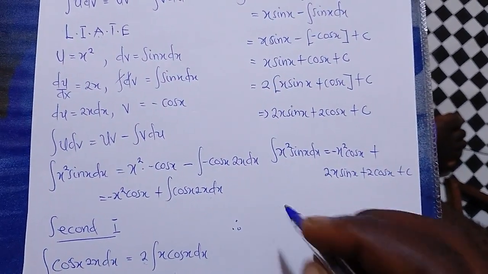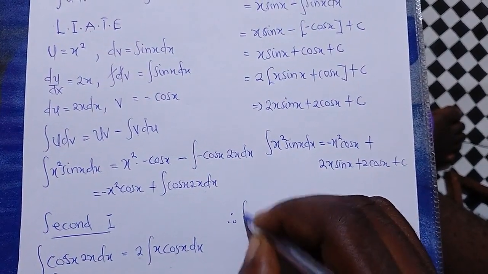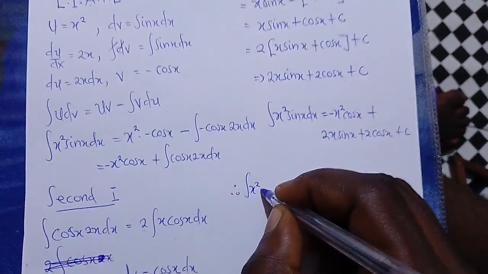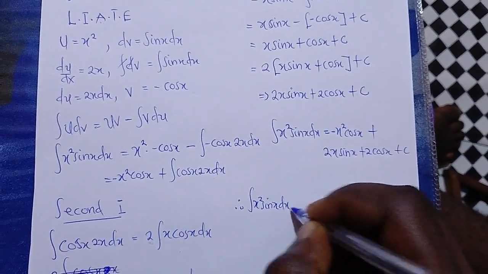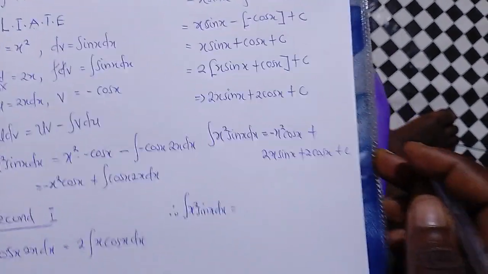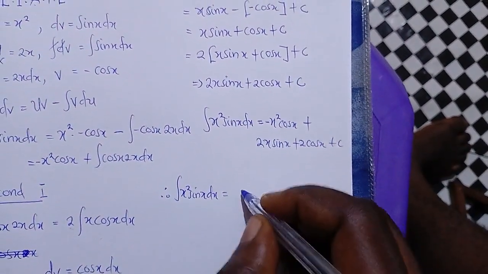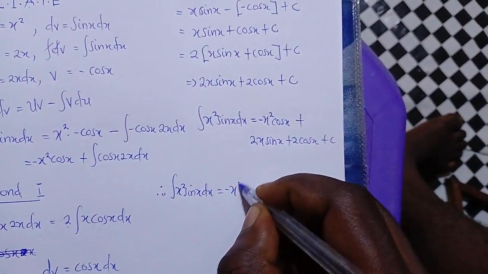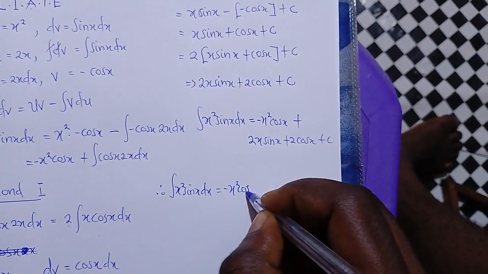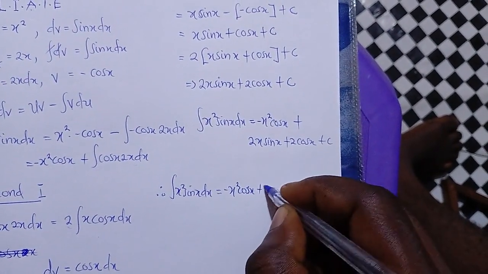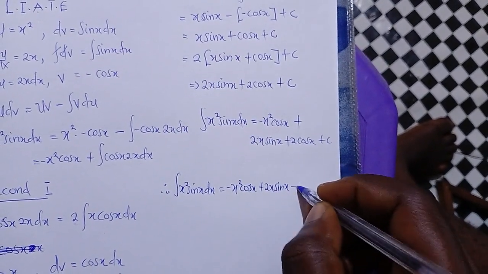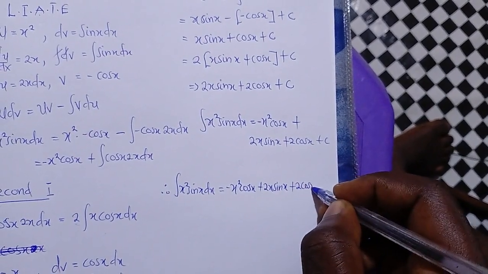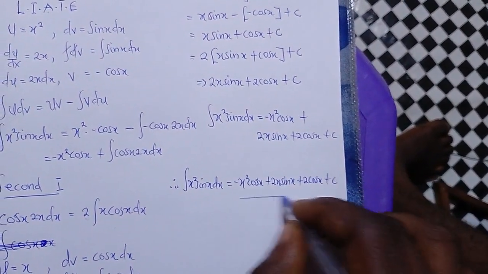Therefore, the integral of the original question will be equal to negative x squared cos x plus 2x sine x plus 2 cos x plus c.